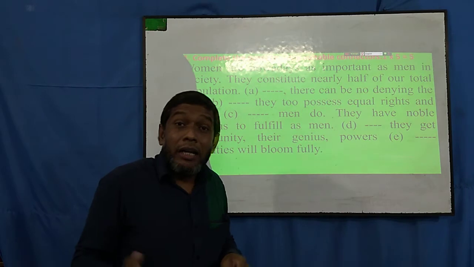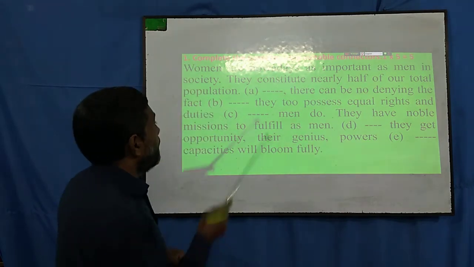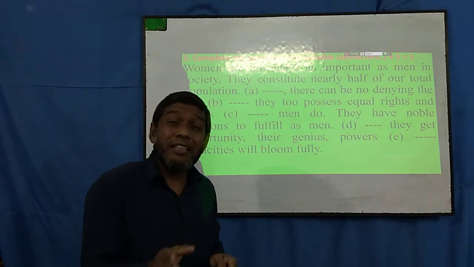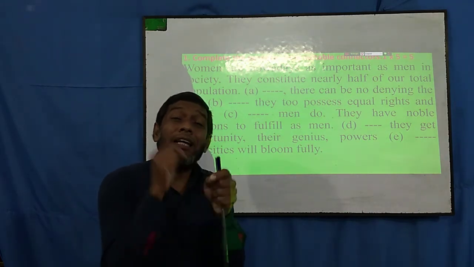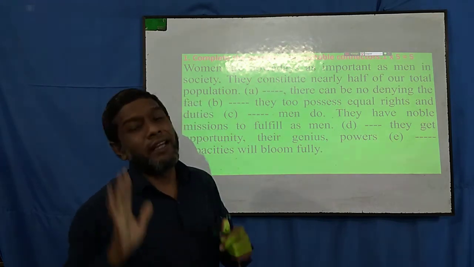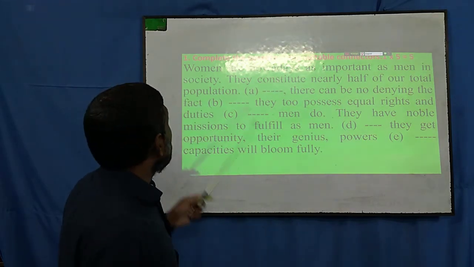So as a student, you must consider, for example, this is gap number 1. You will try to understand first where the gap is given here. Just I am going to show you.